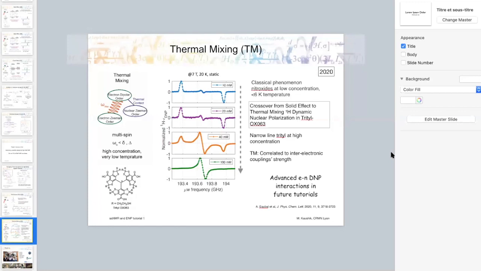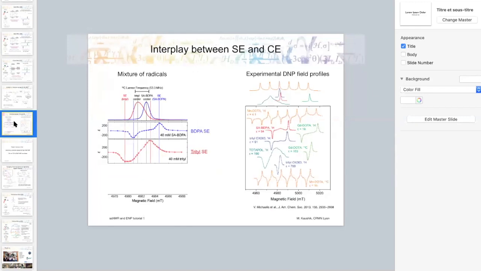When you brought up the BDPA versus Trityl, where they did the mixture of the two, I noticed that they did the SA-BDPA, which is the sulfonated BDPA, right? Yes. Where they replaced the hydrogens with the sulfur. Do you remember why they did that in that paper? Because I was racking my brain, but I couldn't remember why they did the sulfonated BDPA with the Trityl mixture.